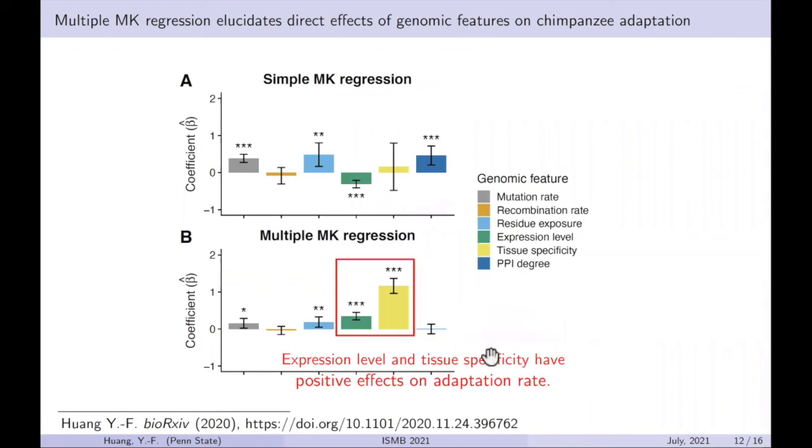We also see that in the multiple MK regression, expression level and tissue specificity have positive effects on adaptation rate. That's not the case in the simple MK regression, possibly because of the strong correlation between gene expression level and tissue specificity.